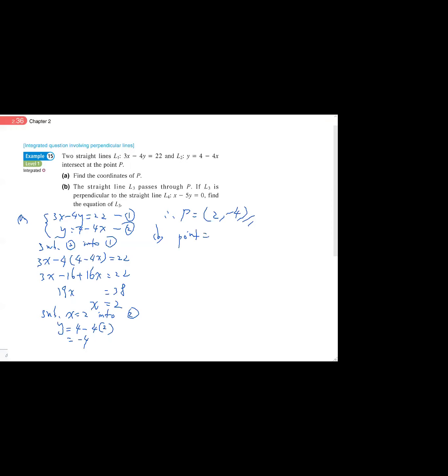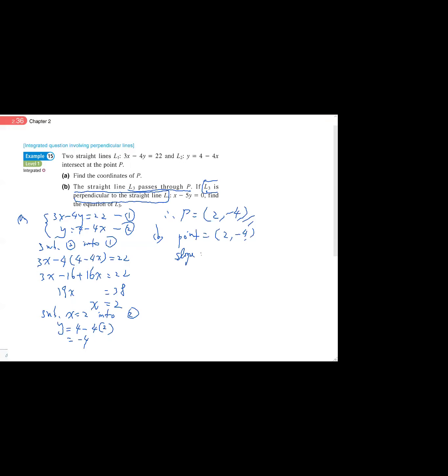All right. So for L3, do we have a point? Yes, because L3 passes through point P, which means that point P is a point on L3, and we can use this as the point. But do we have the slope of L3? It is not given directly, but there is information that L3 is perpendicular to the straight line L4.